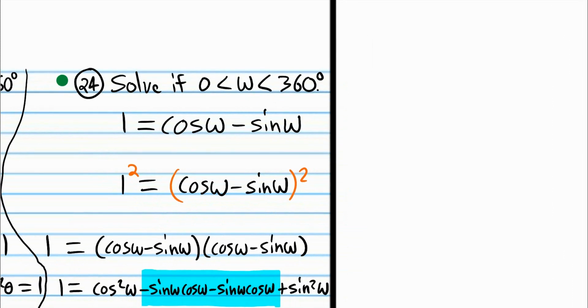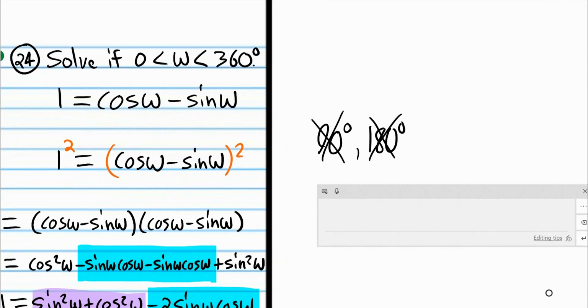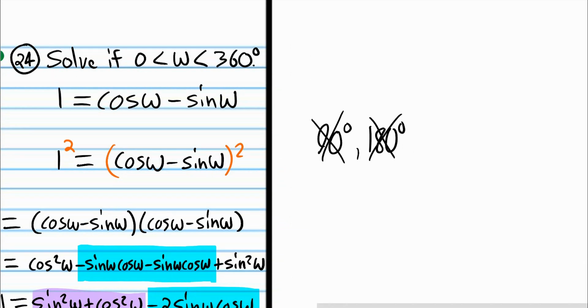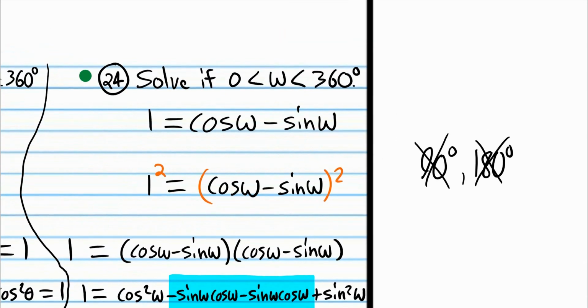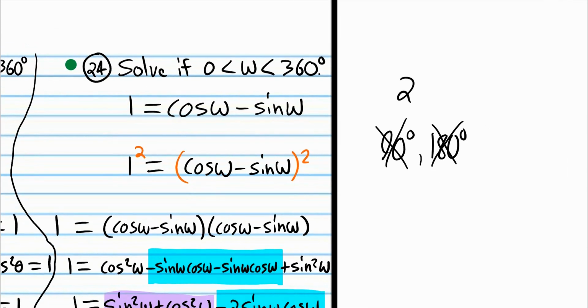So let's check 90. Cosine 90 is 0 and sine 90 is 1, so we have 0 minus 1 is -1, so 90 does not work. Let's check 180. Cosine 180 is -1 and sine 180 is 0, so -1 minus 0 is -1. That doesn't work. Let's try 270. Cosine 270 is 0 and sine 270 is -1, so 0 minus -1 is +1, so that actually works.